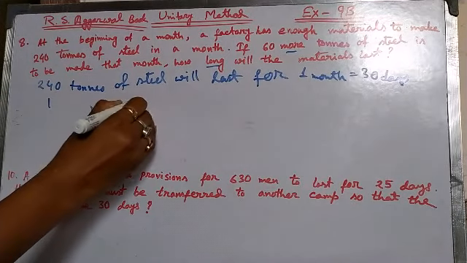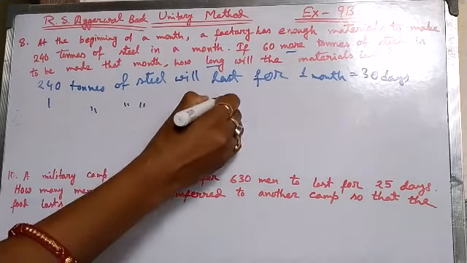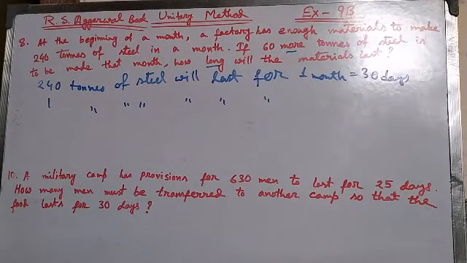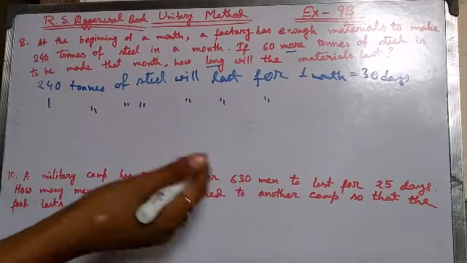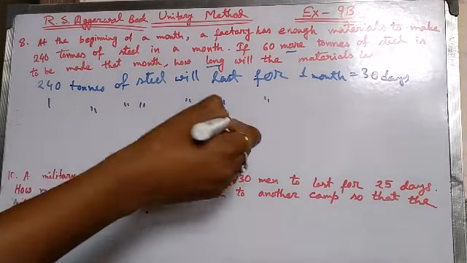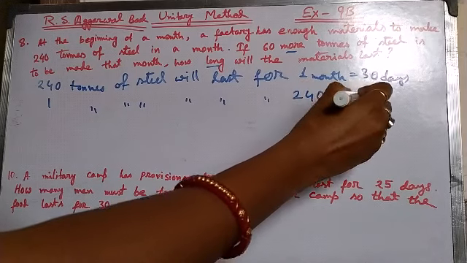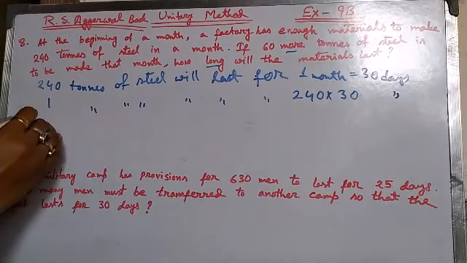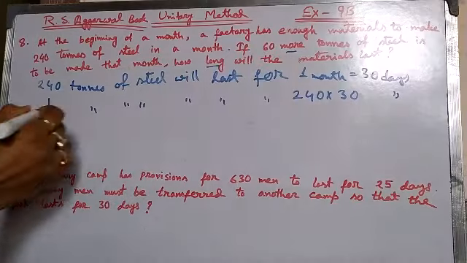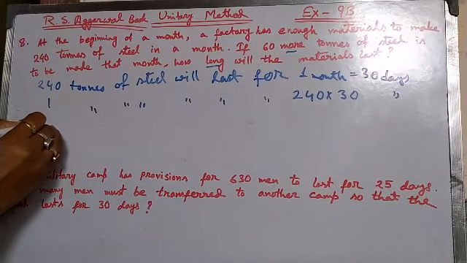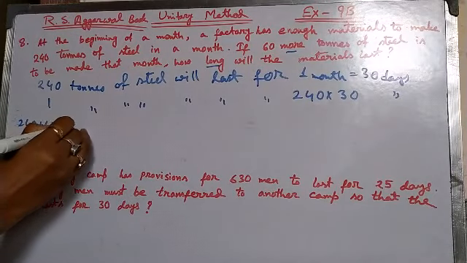So 1 ton of steel will last for more days, that will be 240 multiplied by 30 days. Then here is 60 more tons, that means 240 plus 60, so it will be 300.